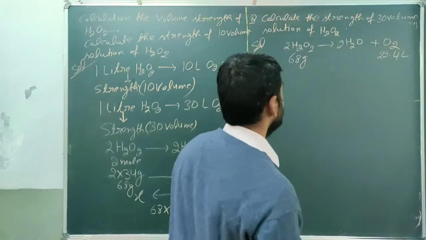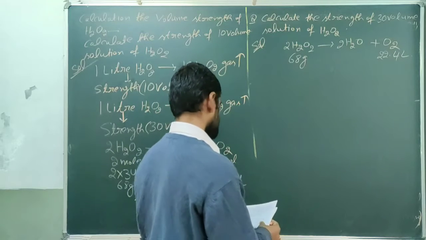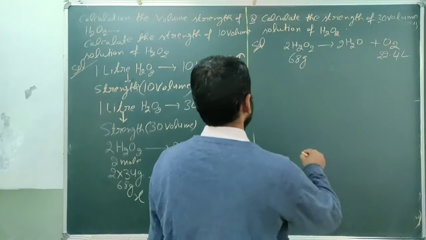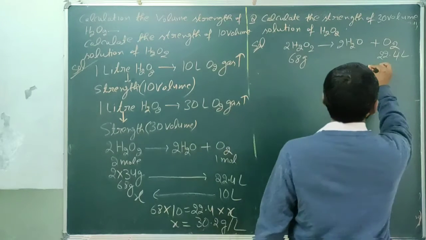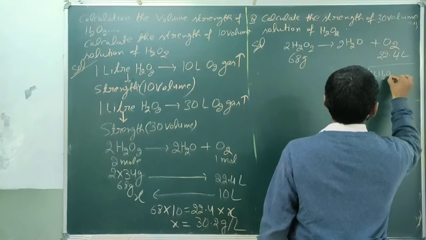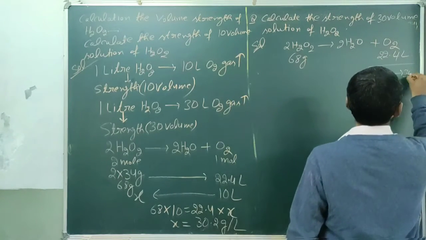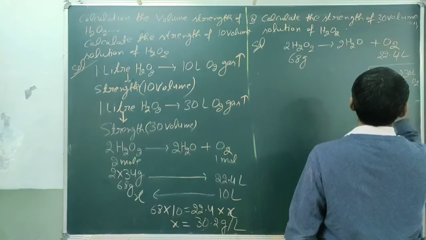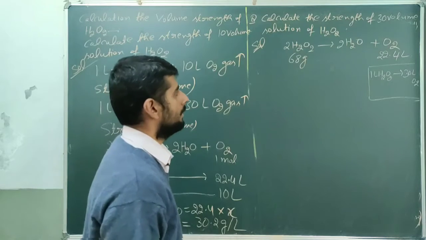This is the standard equation that I know. And 30 volume solution means 1 liter H2O2 will produce 30 liter O2. 1 liter H2O2 will produce 30 liter O2.